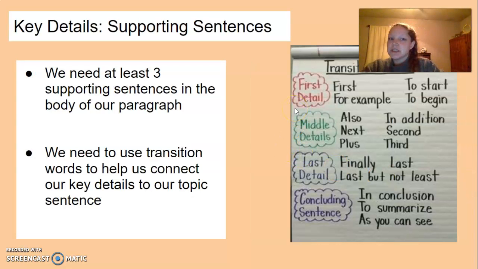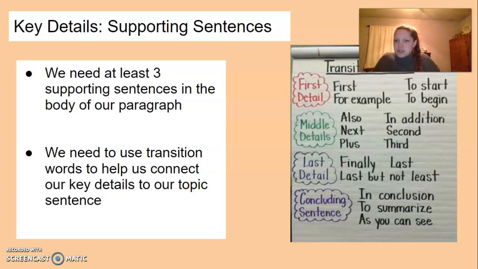So looking at our supporting sentences or key details, remember we need at least three supporting sentences in the body of our paragraph, and we need to use the transition words to help us connect our key details to our topic sentence. So our transition words, we remember for the first detail, we can use transition words like first, or for example, or to start, or to begin.